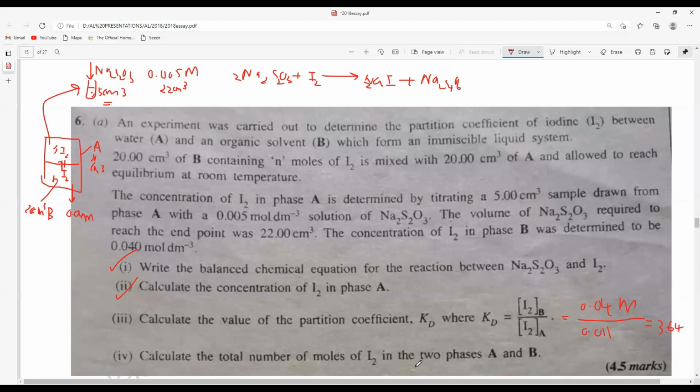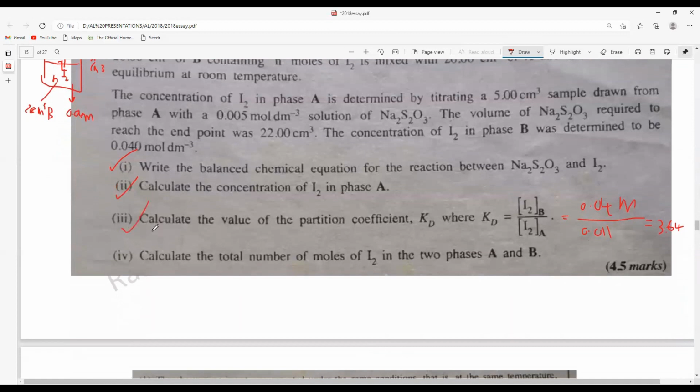Which is good, because it shows that I2 is more soluble in phase B, our organic phase, than in water. Okay, so that is done.